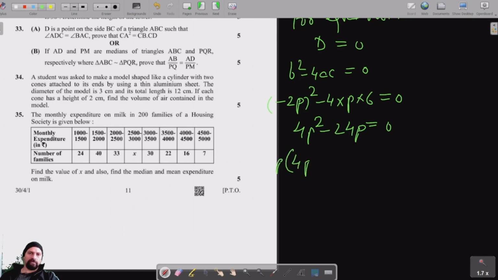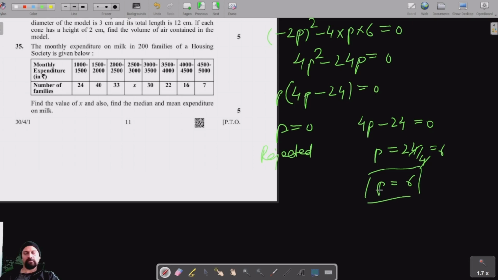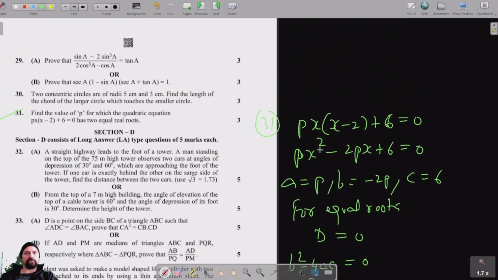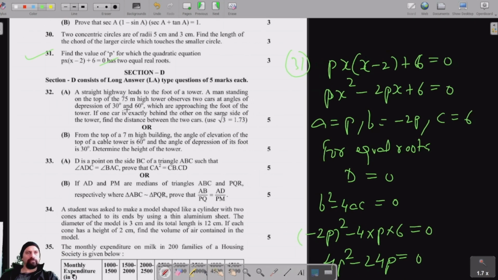And if we take p common, that is p times 4p minus 24, which gives us p is equal to 0, which is rejected. That means 4p minus 24 is equal to 0, which gives p is equal to 24 by 4 is equal to 6. So the value of p is equal to 6, for which this equation has two equal real roots.